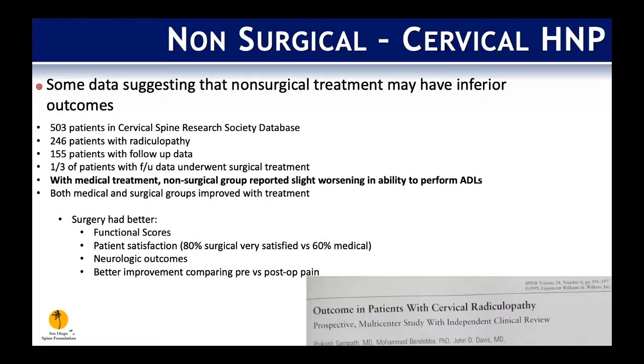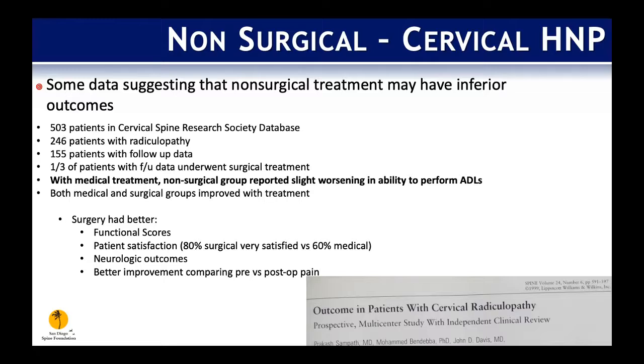This is a study looking at 503 patients. Of those, 246 had radiculopathy, and 155 of those 246 had follow-up data for that diagnosis. And looking at the group with follow-up data, 1/3 of them ended up undergoing surgical treatment.